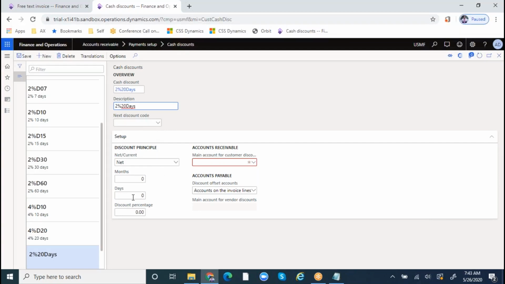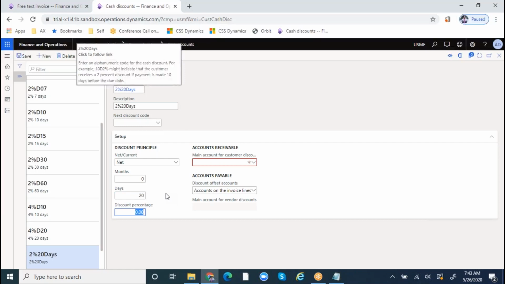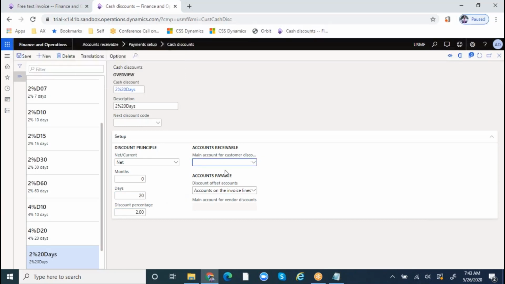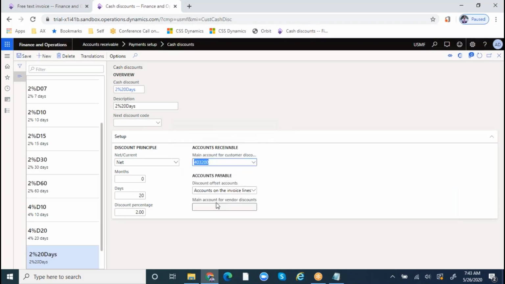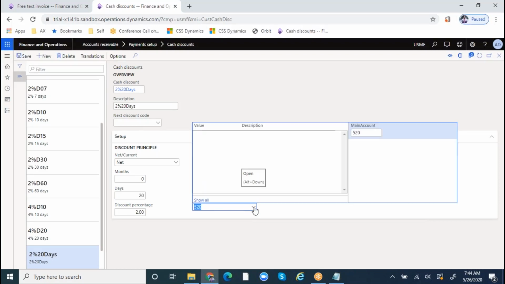So 20 days 2%, and once again the discount, 520200, I think.